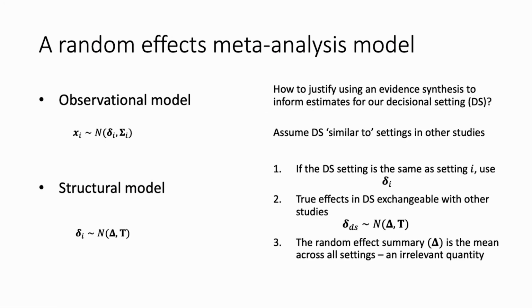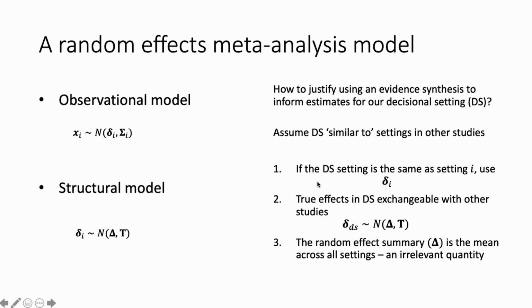So the idea is that if I am going to justify using an evidence synthesis to inform estimates for a decisional setting, I have to assume that my decisional setting is similar to the settings of the collection of studies that I put in my evidence synthesis.